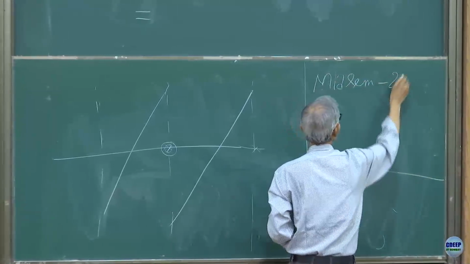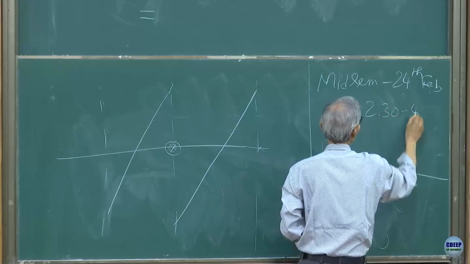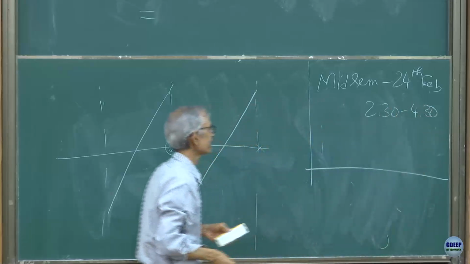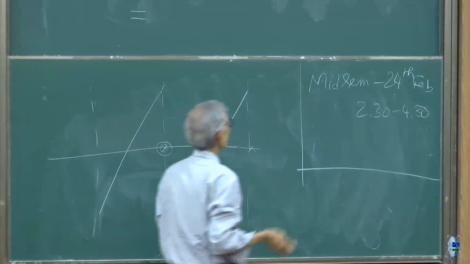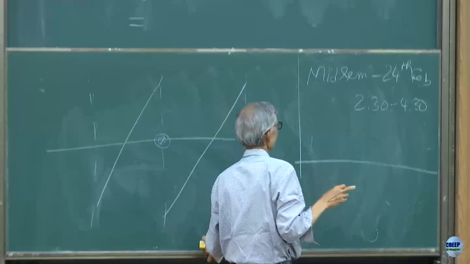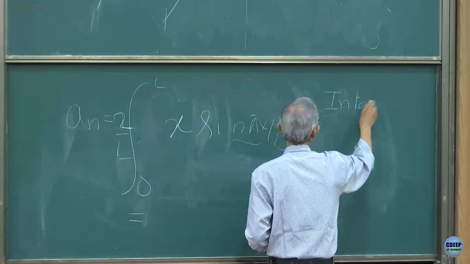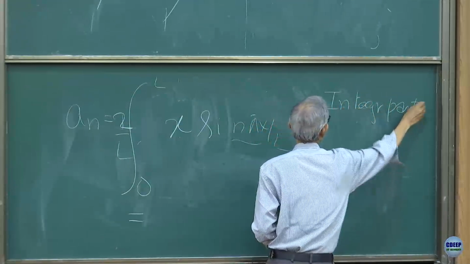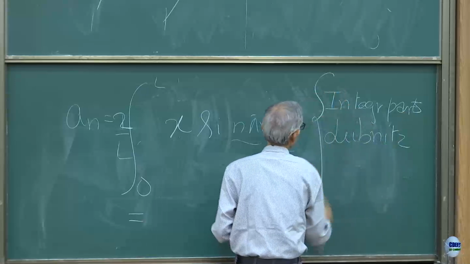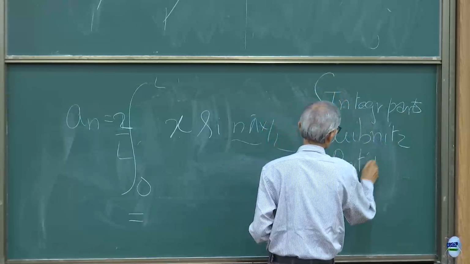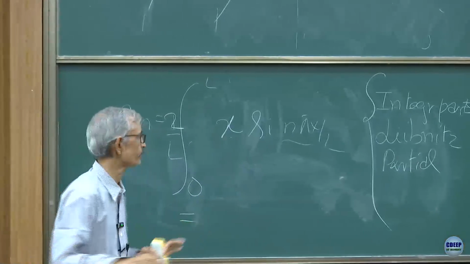Midsem is on 24th of February, 2:30 to 4:30, and the room I still don't know. I'll put it on Moodle. But for the midsem, we have not done many things like integration by parts, maybe use of the Leibniz rule, or maybe partial fractions so that you can compute the Laplace transforms of certain functions if you want to do it.